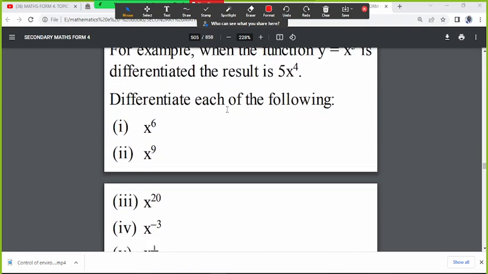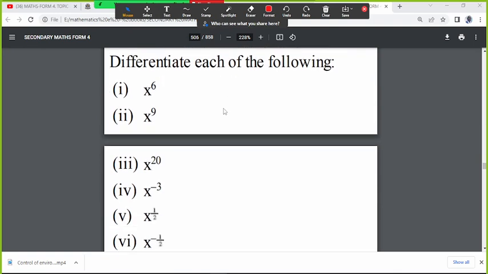So differentiate the following. If we want to differentiate each of the following, y is equal to, so what will dy/dx be? This one, obviously it will be what?